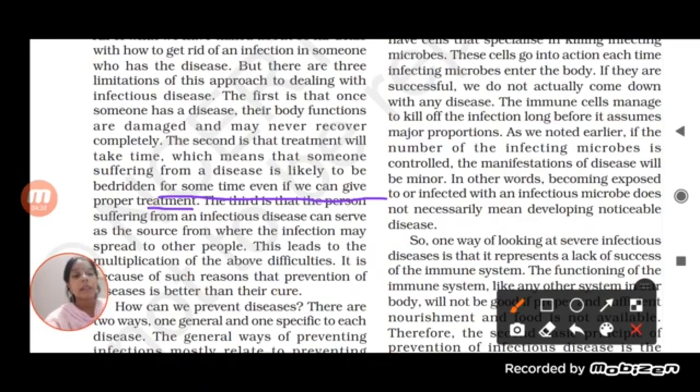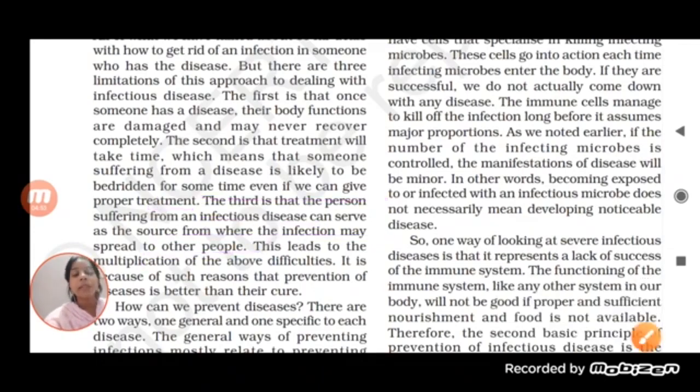And the third is that the person suffering from an infectious disease can serve as a source from where the infection may spread to other persons. Okay. So we can say here that the third problem is that if a person is suffering from any kind of infectious disease, there will be a source of infection, the person himself becomes a source of infection.